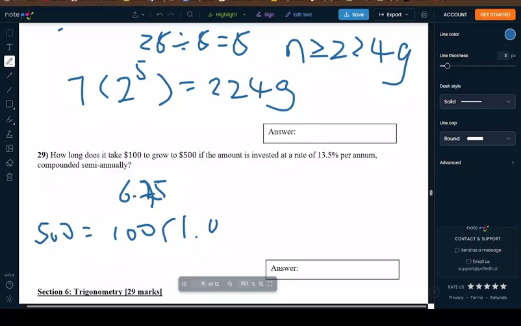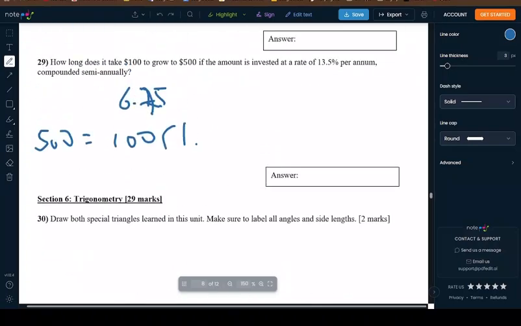1.0675 to the power, you could do n here, or you could do 2n, just do 2n.